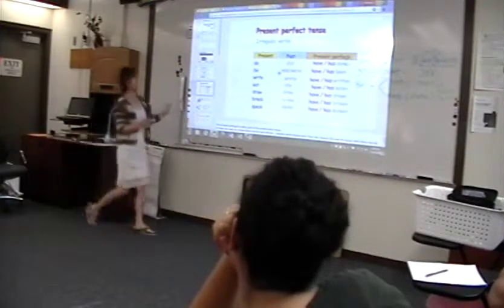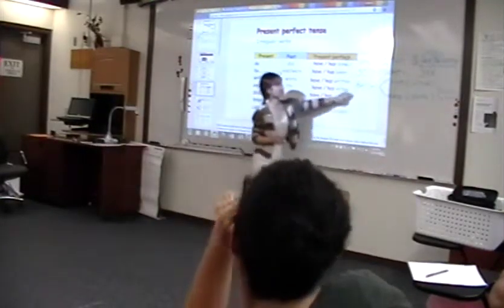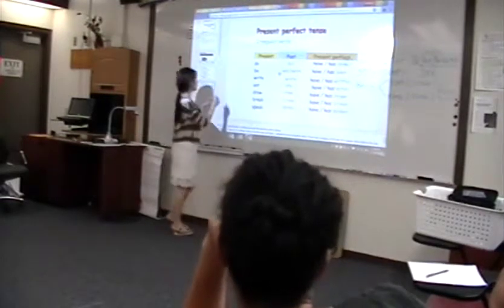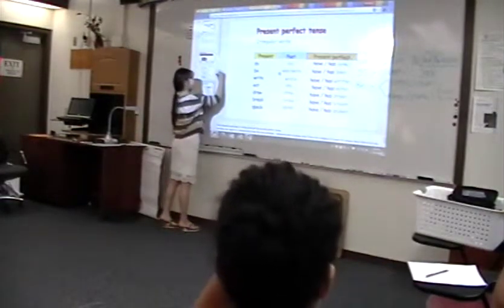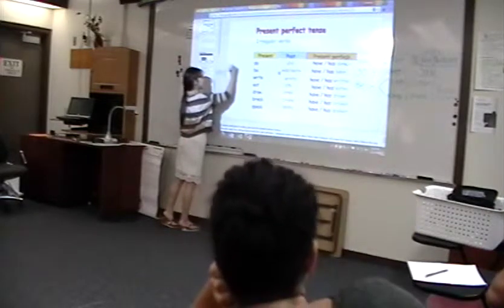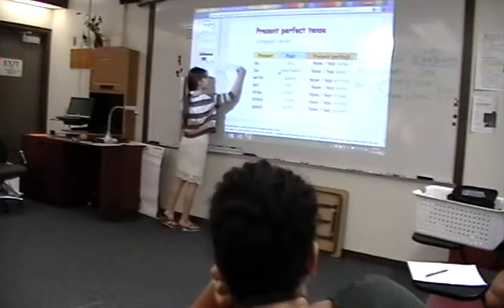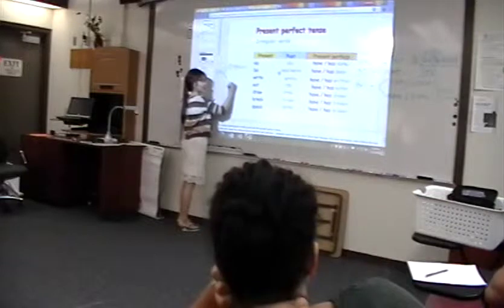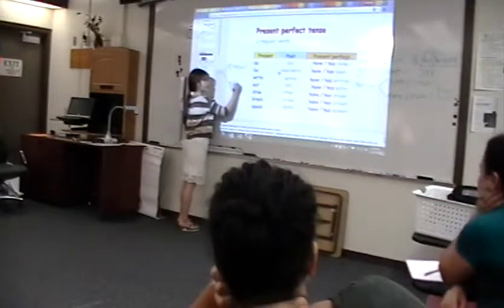As we talked about earlier, verbs have two kinds. First, regular verbs. Second, irregular verbs.